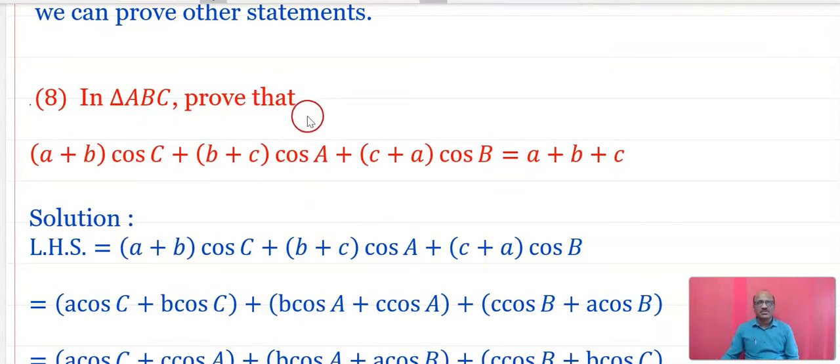Next, in triangle ABC, prove that (a + b) cos C + (b + c) cos A + (c + a) cos B is nothing but a + b + c.